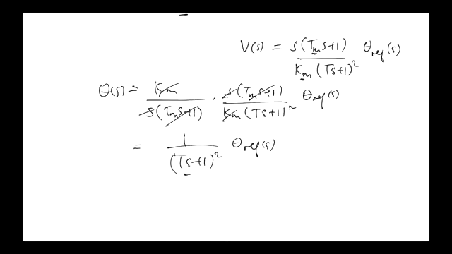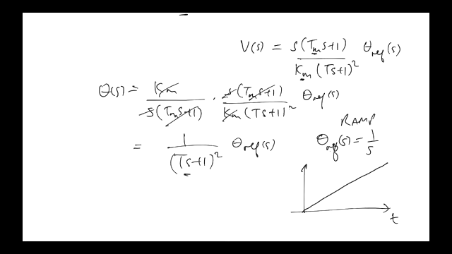Okay, so if we looked at this in the case that theta ref is 1 on s squared, in other words, a ramp, right? In the time domain, theta ref will just be a straight line, okay? And the response of something with a transfer function like this to a ramp will be like this.